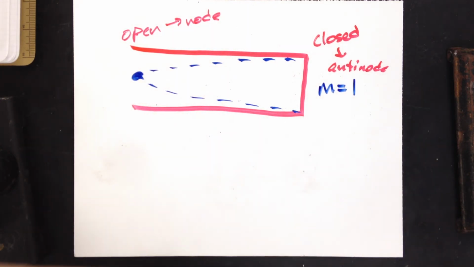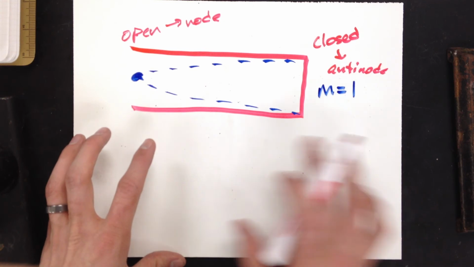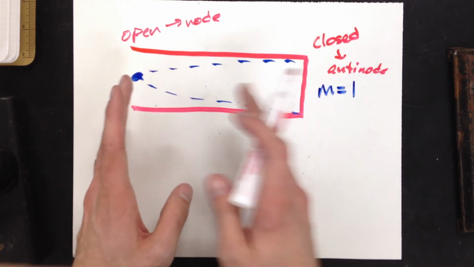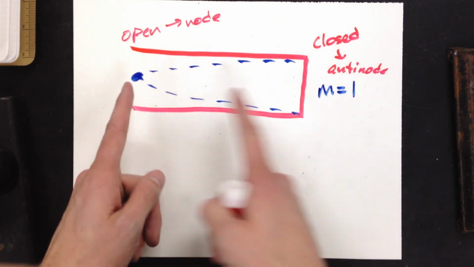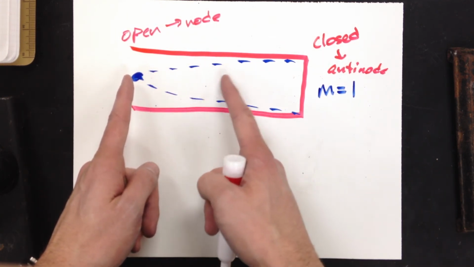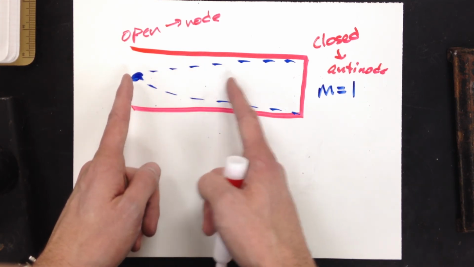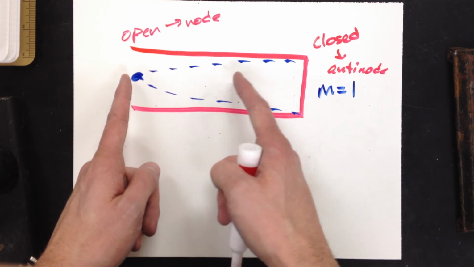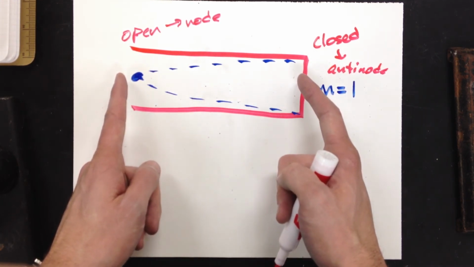Now, if I tried to draw the second harmonic here, in other words, m equals 2, where I've got two half wavelengths here, I can't really split it up, because if I try to draw a node here and a node here, then I'd have 1, 2, 2.5 half wavelengths.